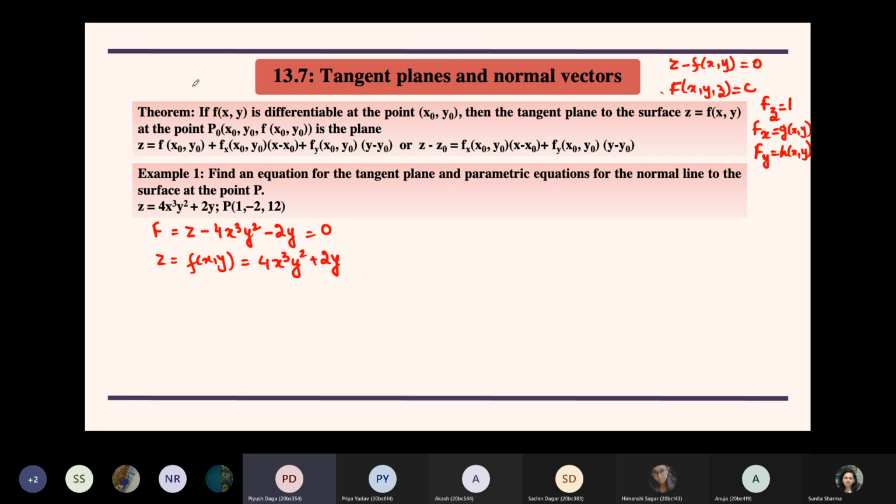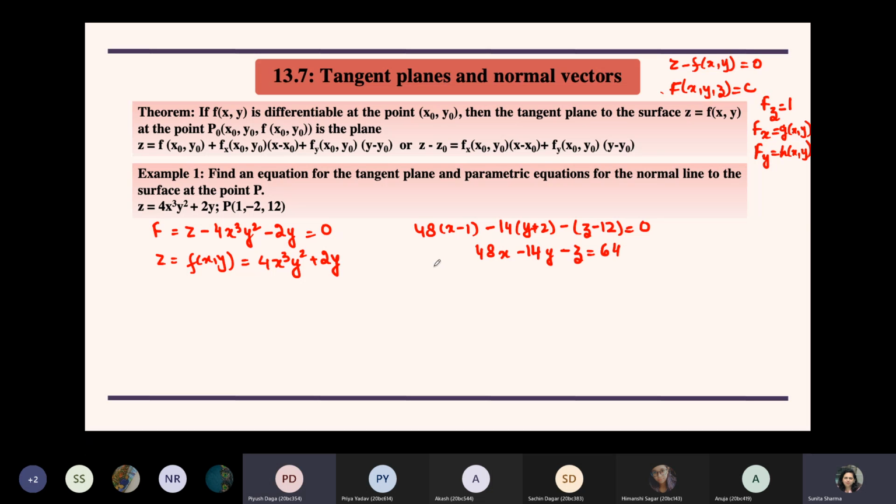The tangent plane will be 48 times (x minus 1) minus 14 times (y plus 2) minus 1 times (z minus 12) equals 0. Then you can further simplify and get it as 48x minus 14y minus z is equal to 64.